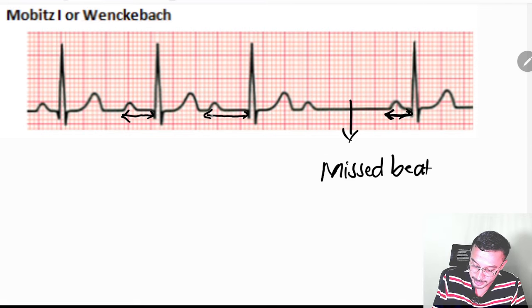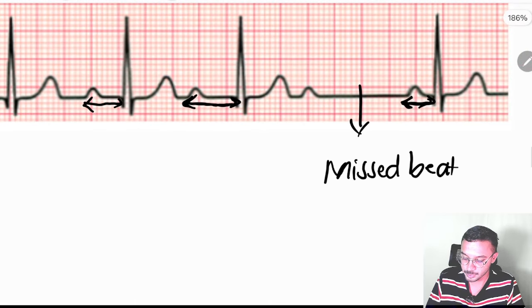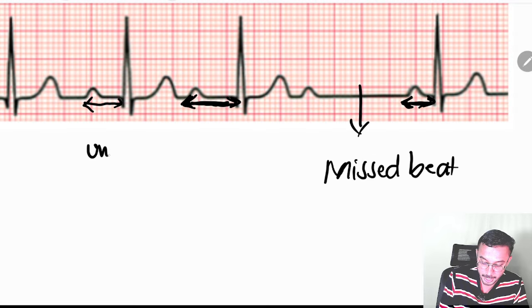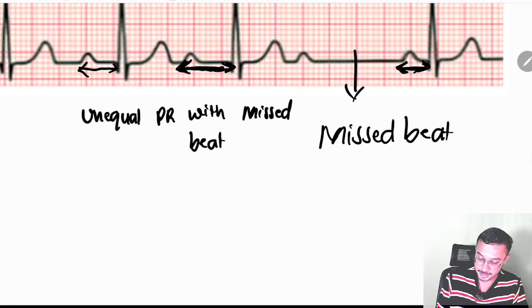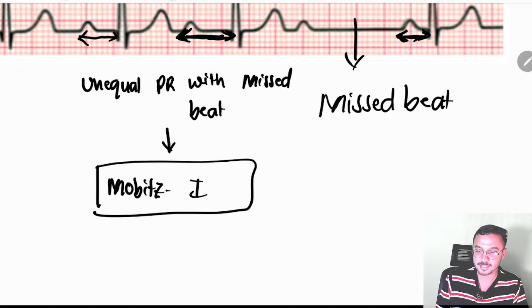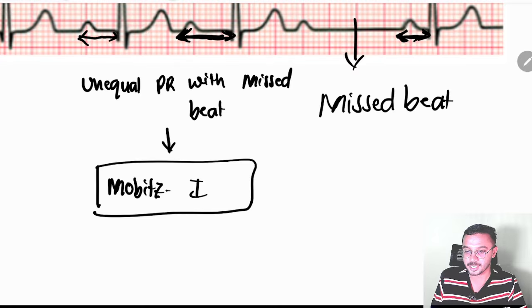Here the PR interval is not the same, which I have marked in black. So here it is small, here it is big, right? Unequal PR with a missed beat is an example for Mobitz 1. Okay. So this is how you can differentiate Mobitz 1 and Mobitz 2.